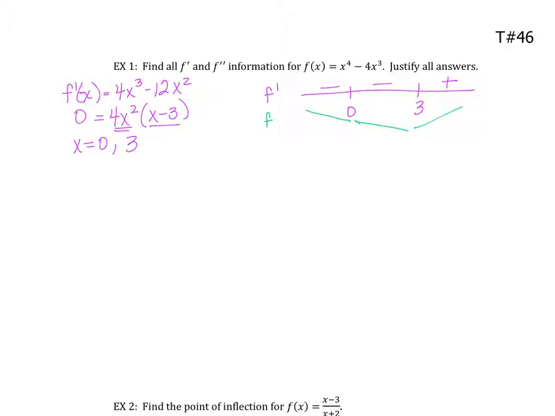So what information could I say? Again, depending on which order you'd like to write it in. F has a local min at x equals 3. Now it does say to justify all answers, since f prime changes negative to positive.